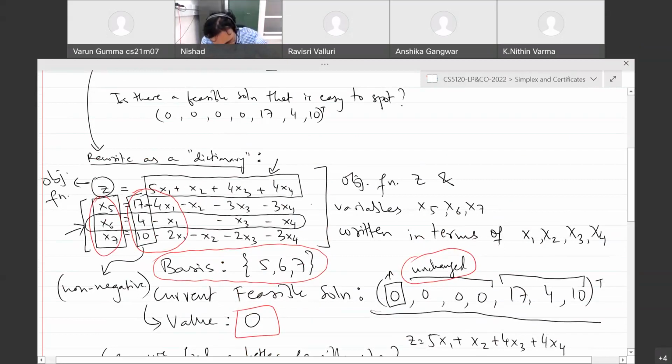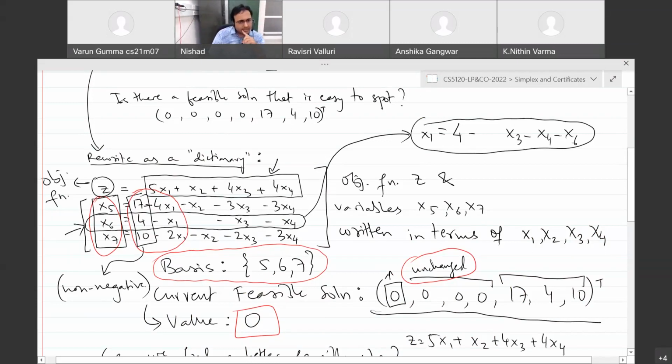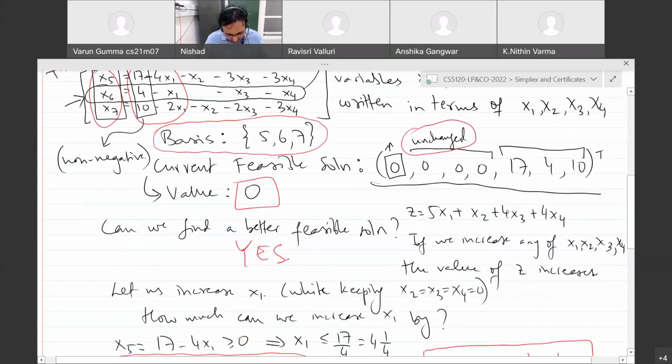So notice that I can write x1 as 4 minus 0x2 minus x3 minus x4 minus x6. And if I substitute this in the other three equations, I will be able to write down everything in terms of 2, 3, 4, and 6. Okay. So this is the plan.